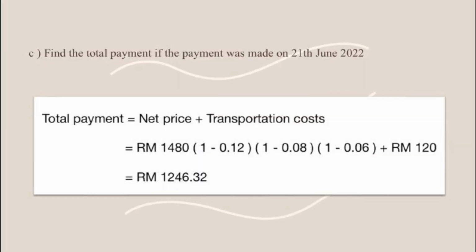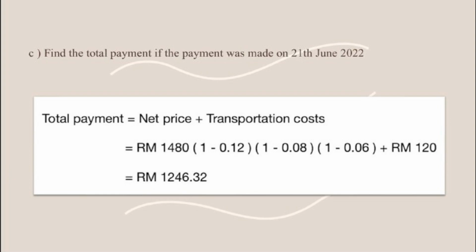The question for 2C is find the total payment if the payment was made on 21st June 2022. The payment on 21st June 2022 is entitled to 6% cash discount based on question 2B. We want to find the total payment by using the formula net price plus transportation.